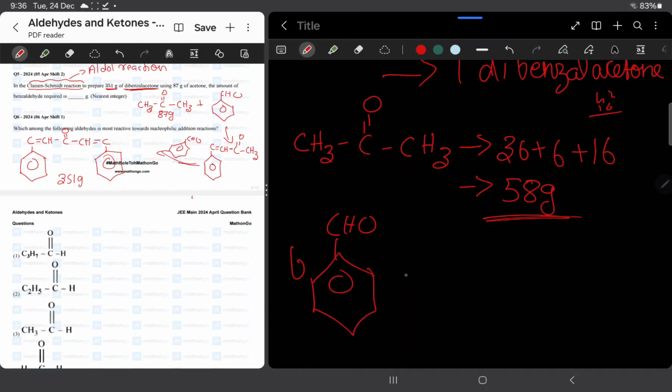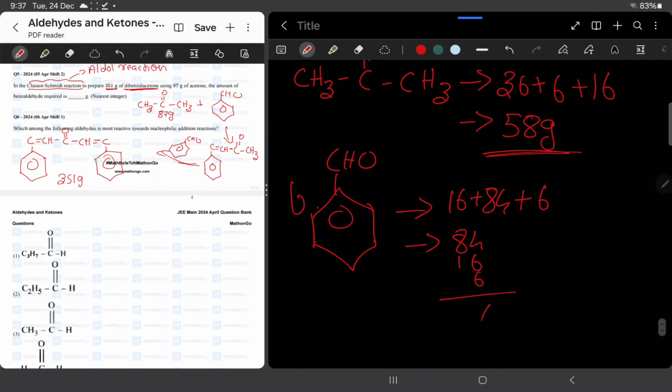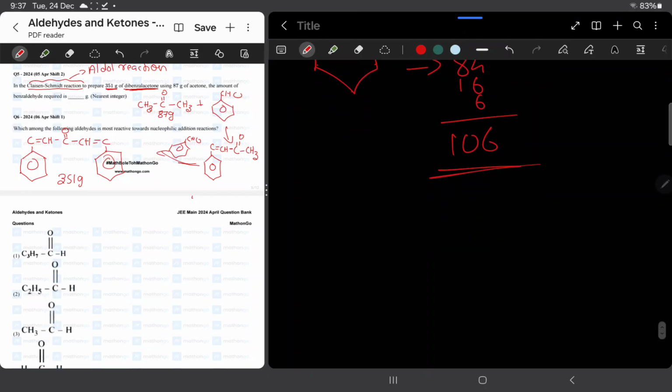It will be 16 plus 7 carbons, 7 into 12 is 84, plus 6 hydrogens. You can calculate: 84, 16, 6, that is 106. Now dibenzyl acetone.